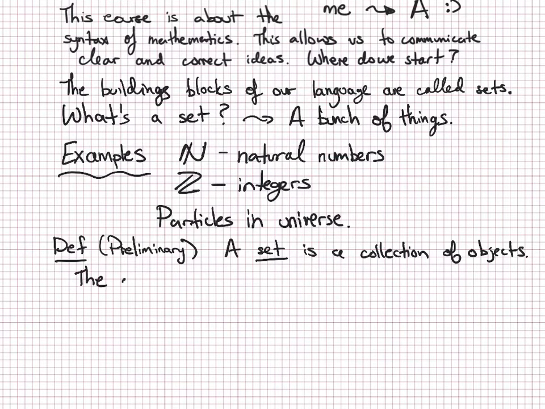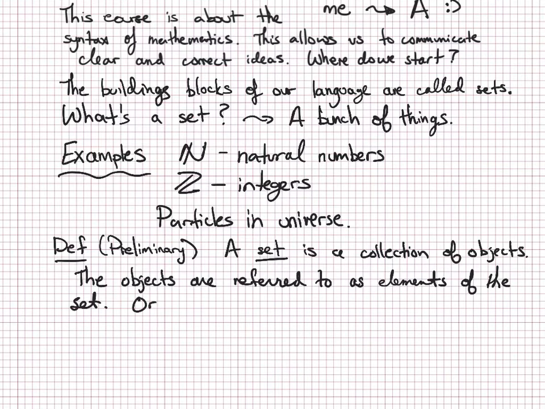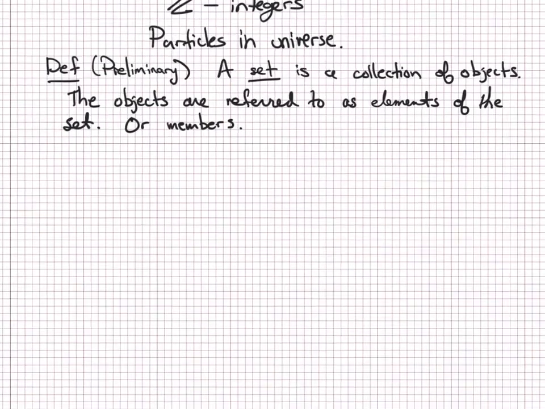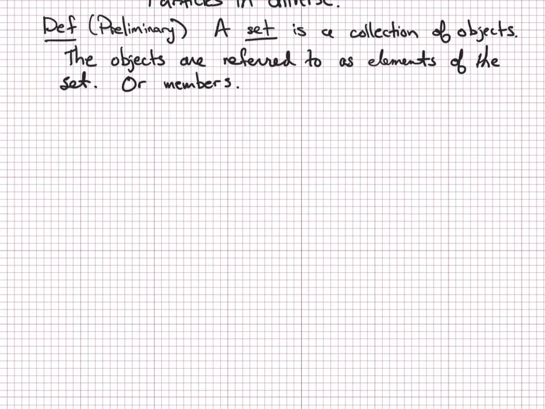Each object is referred to as an element of the set, or sometimes I'll say the members of the set. So we think of each set as a collection, and the objects are contained in or live inside the set.